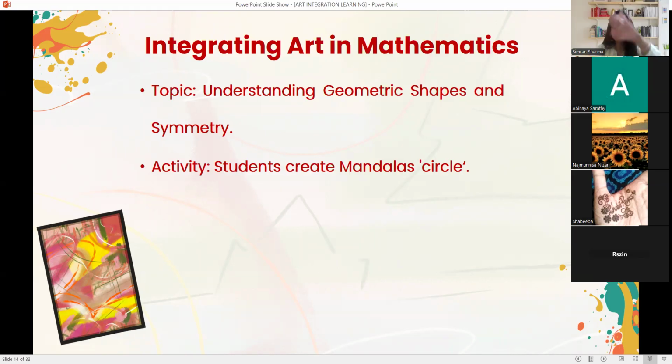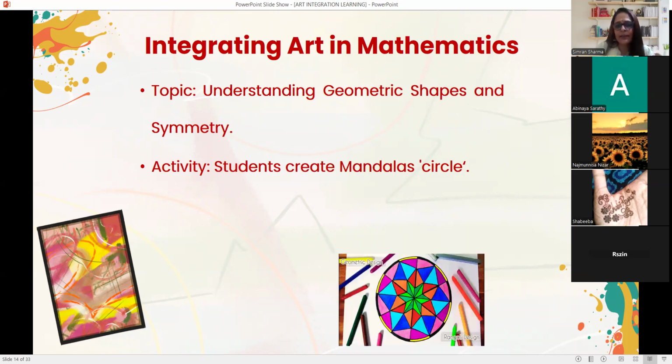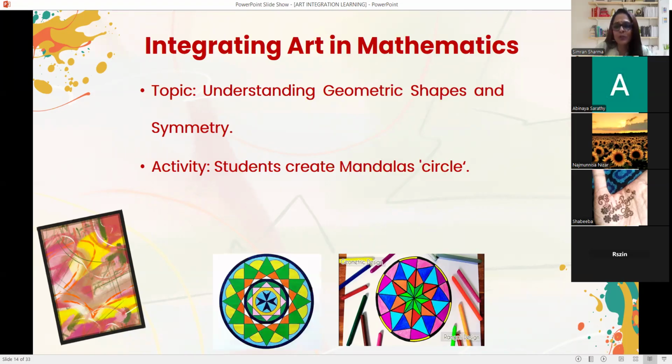One method is that you draw different shapes on the board and say, okay, this is a triangle, this is a circle, this is a rectangle, square, etc. Or you can ask them to draw or create a mandala circle. So you see the diagram, the picture. It can be in the form of mandala circles, or in the form of a rangoli also.